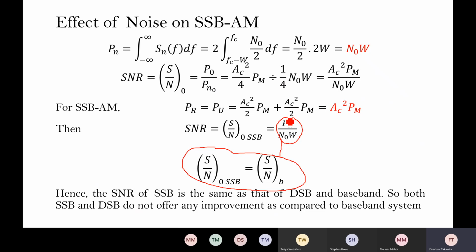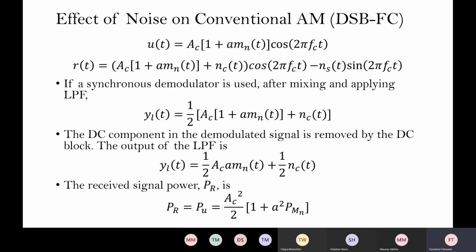So the next modulation scheme we now want to look at is the DSB full carrier, at times called the conventional AM.